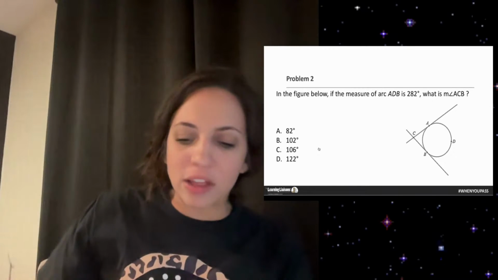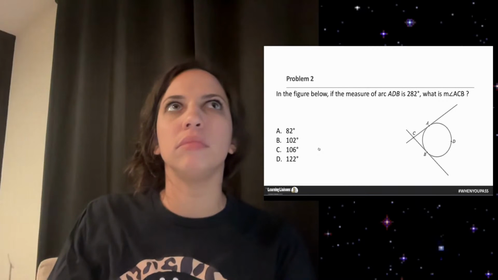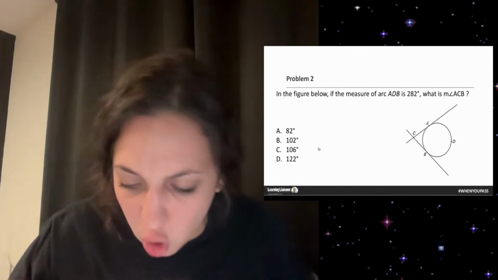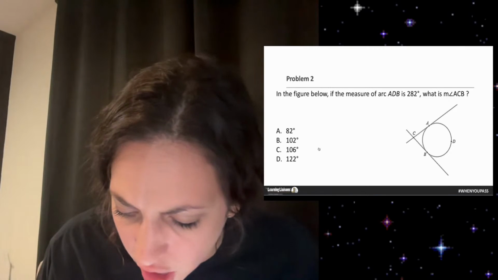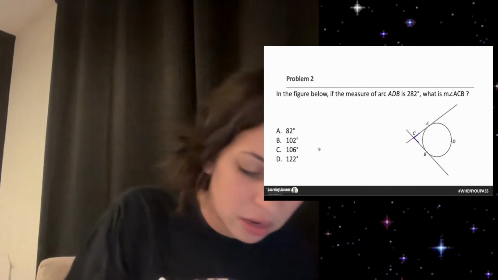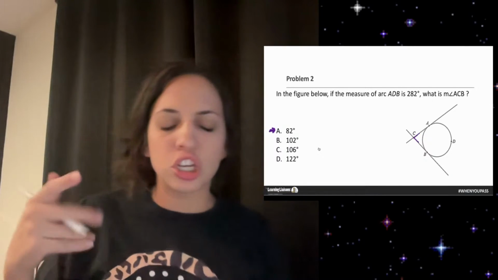Now, if I look at this angle, could I make an educated guess? I could stick the corner of my paper in here and say, oh, this looks like an acute angle. So I'm going to educated guess choose 82. Why 82?